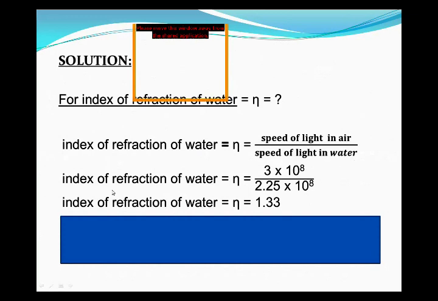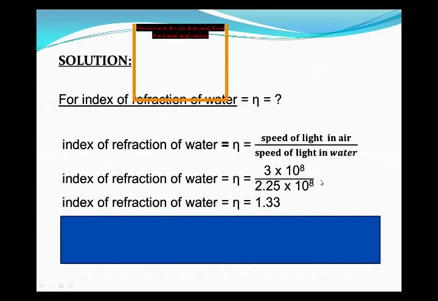After that, computing the value of speed of light in air, that is 3 multiplied by 10 raised to the power 8, while computing the value of speed of light in water, that is 2.25 multiplied by 10 raised to the power 8. So look here, in simplification, 10 raised to the power 8 is given and 10 raised to the power 8 is given.